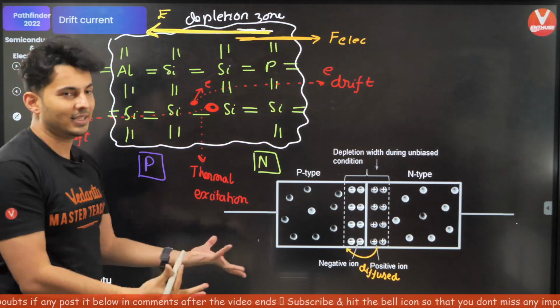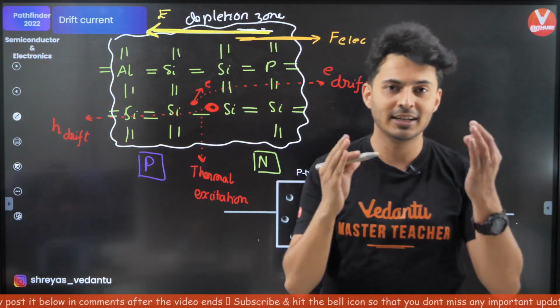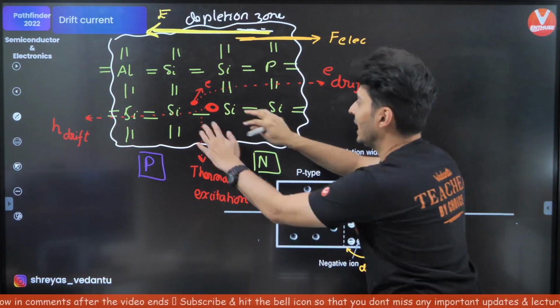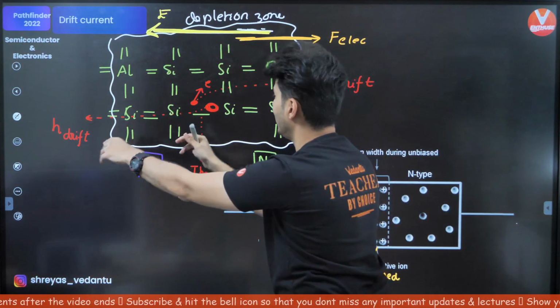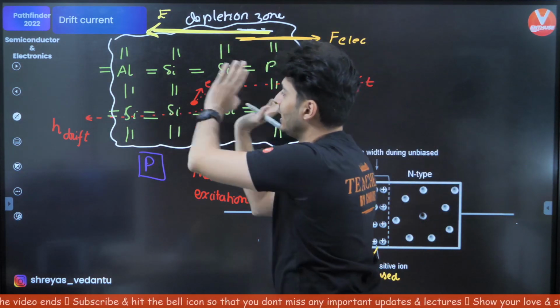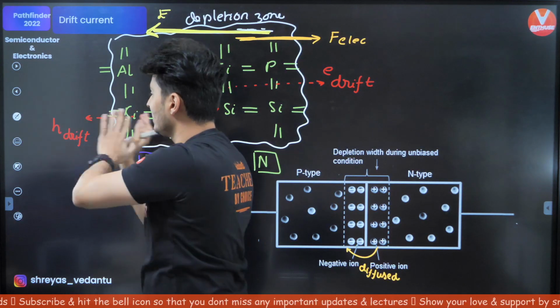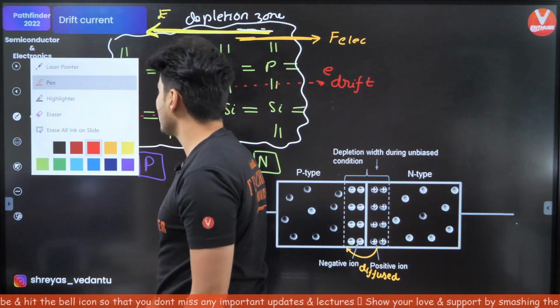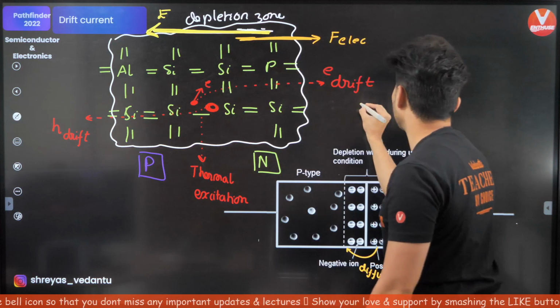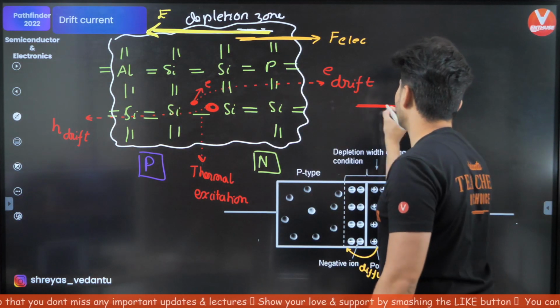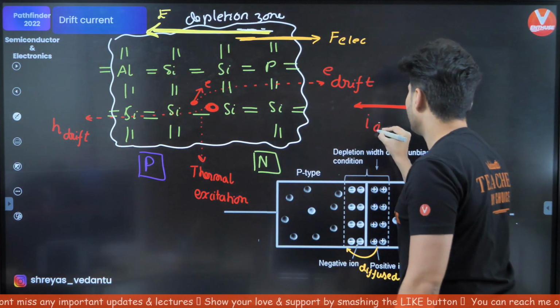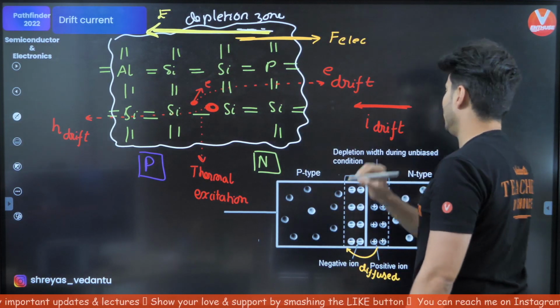So because of this, where will be the current? Think about it. Electron goes here, hole goes there, electron is negative, so current is that side. Hole is positive, still the current is that side. Hence, you are going to find a new current like this. This will be the drift current.